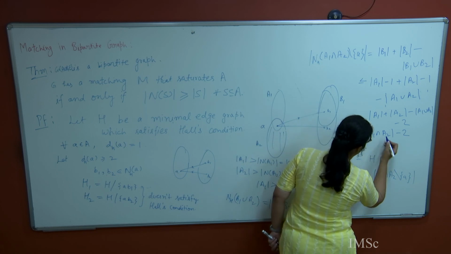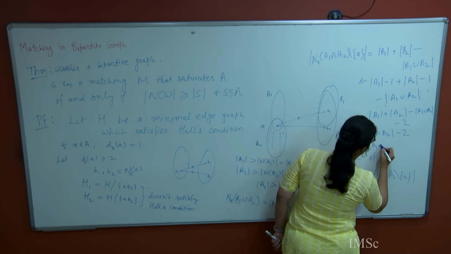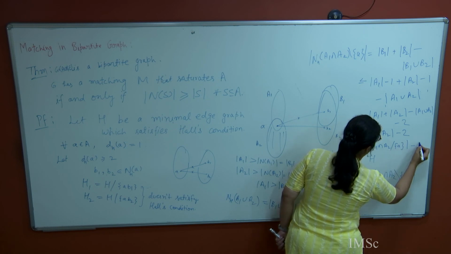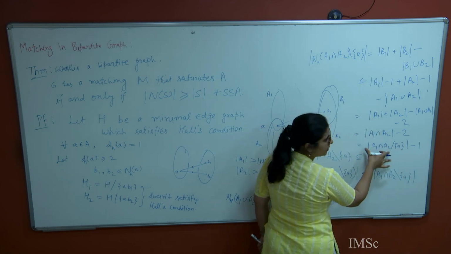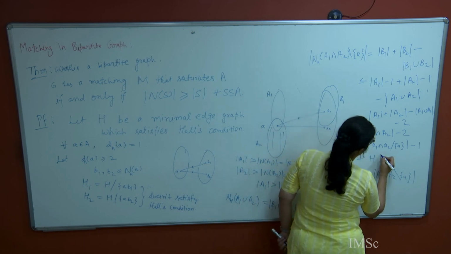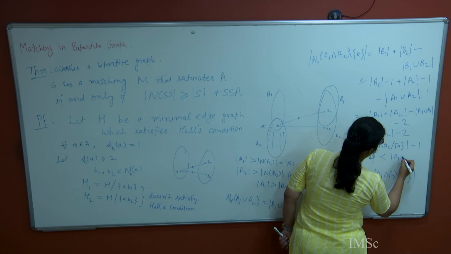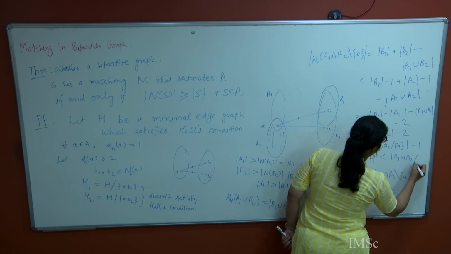So I can say that this is the cardinality of A1 intersection A2 set minus A, minus 1, and now this is strictly less than the cardinality of A1 intersection A2 set minus A.